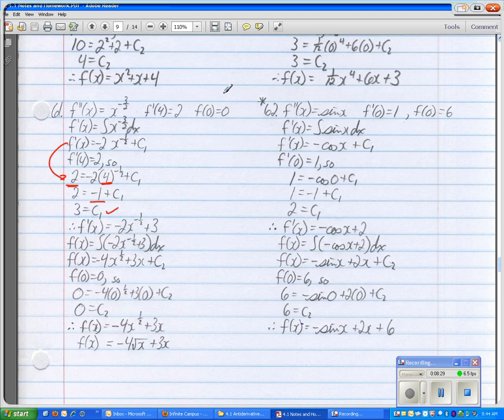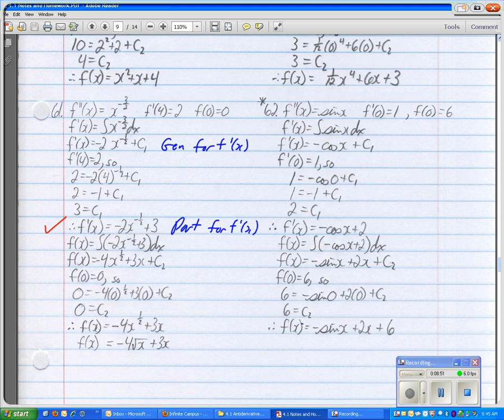Substitute it back in, and now we know the particular solution for the first derivative. So we went from the general solution for f prime of x to the particular solution for f prime of x.